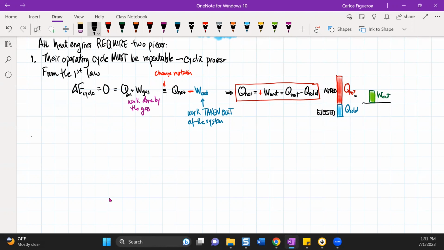Okay, so that's the first thing that has to happen. The second thing, which I kind of already stated here, is that it must include water to dump the heat exhaust.